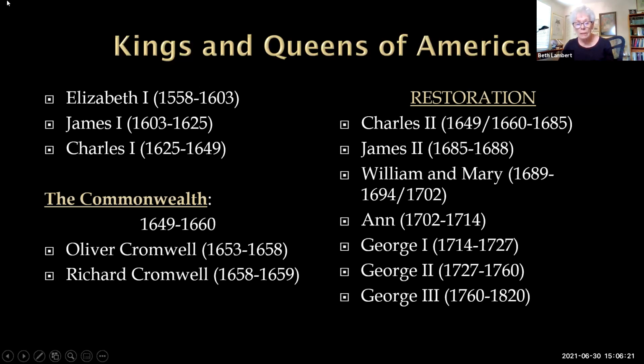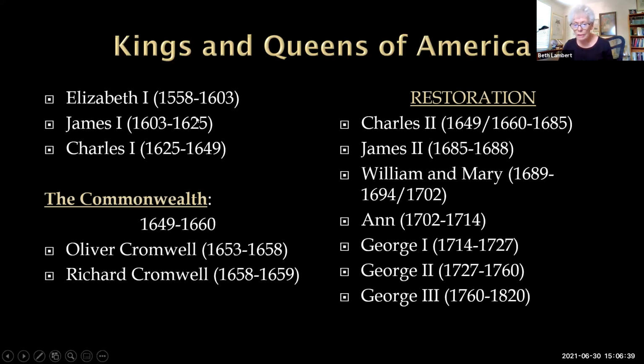There is a lot that went on in between, as you can see. For one thing, from 1649 to 1660, England was not governed by any royalty. It was a commonwealth, and we had Oliver Cromwell.